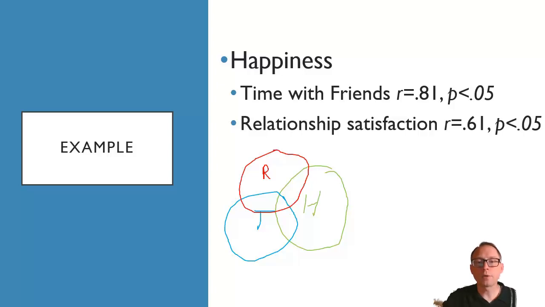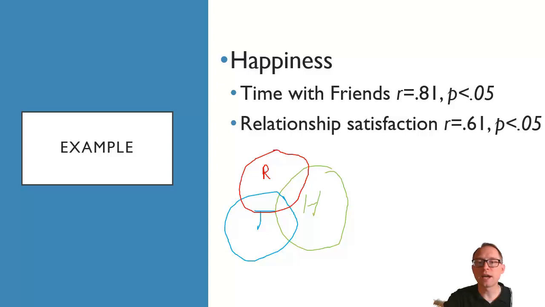Now, if you think about it, relationship satisfaction and time with friends should actually influence each other. In fact, they might overlap quite a bit. And what we're interested in is, what is the effect of relationship satisfaction and time with friends on happiness? Well, a bivariate correlation can't do that.